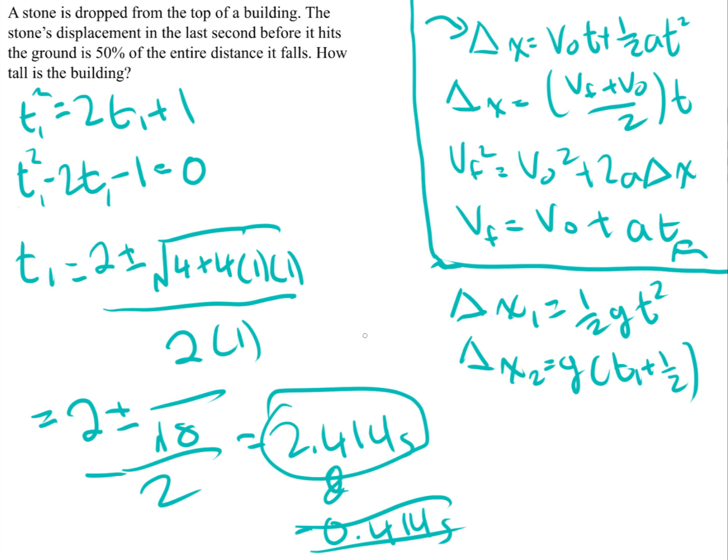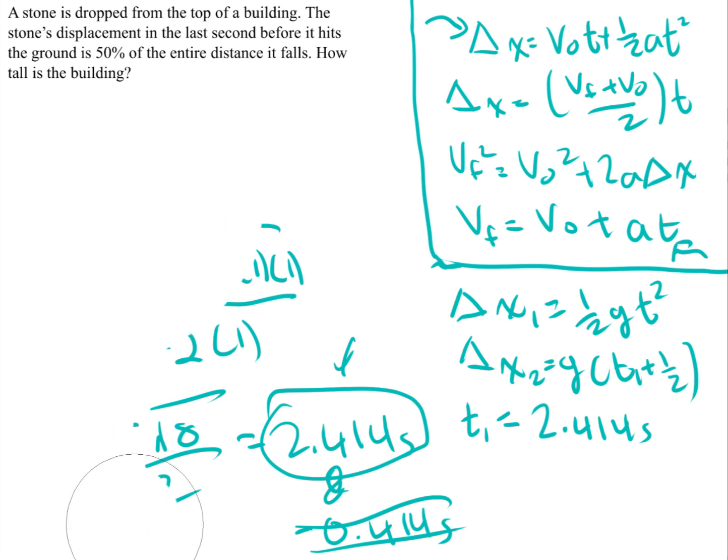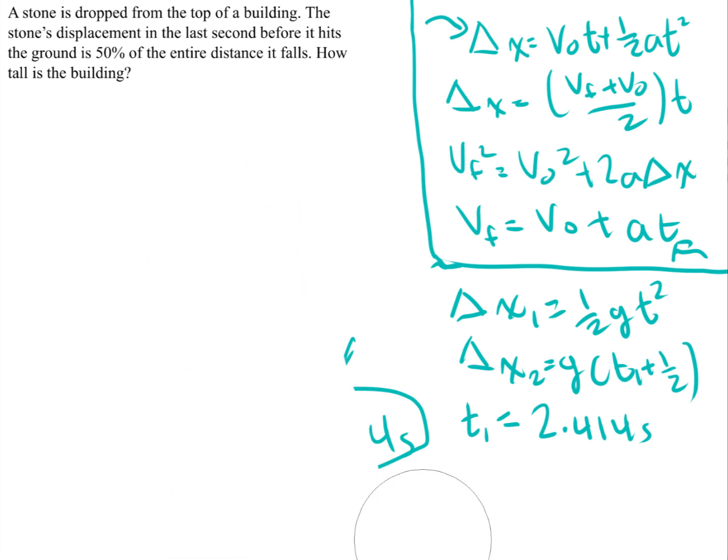This is the real time, the one that we want, since it's the only possible one out of these two. So we're going to set t1 equal to 2.414 seconds. That is what we get after we solve for time.